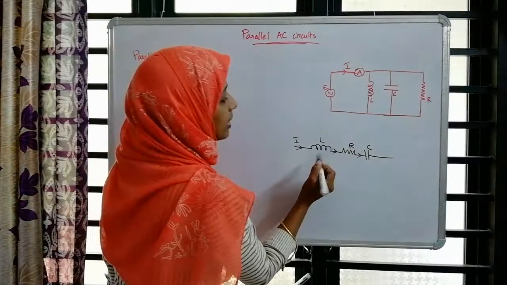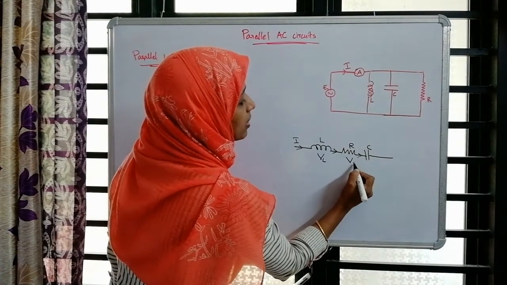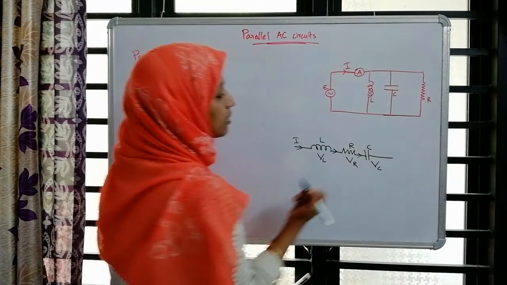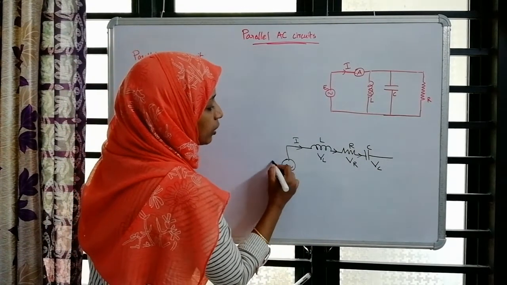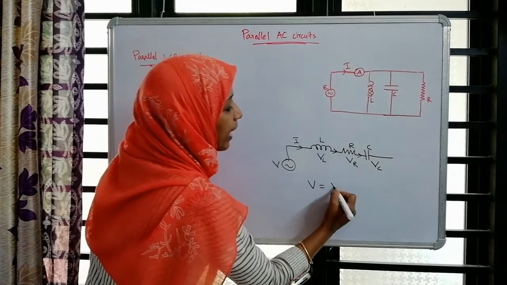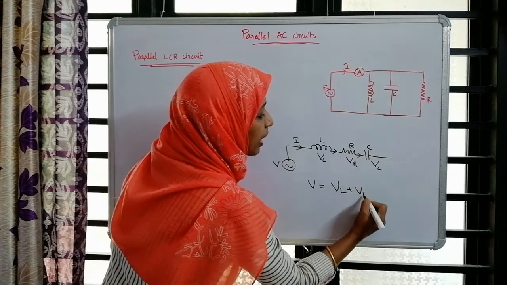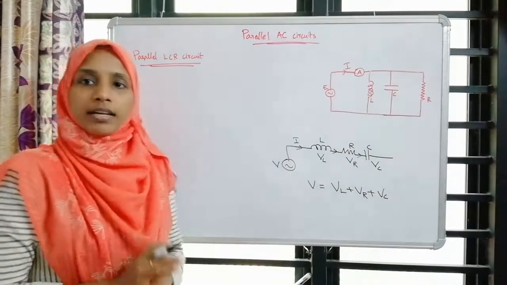Only the difference is the voltage drop across the inductance is VL, across the resistance is VR, across the capacitance is VC. So the total AC voltage is distributed among the circuit as VL plus VR plus VC in a series circuit.